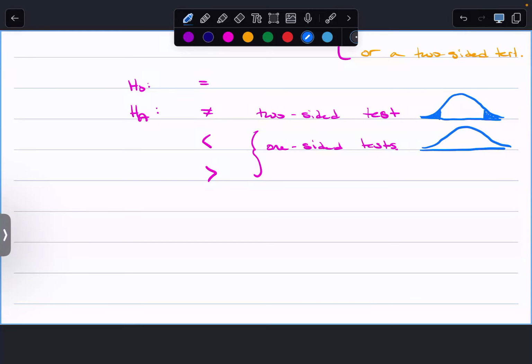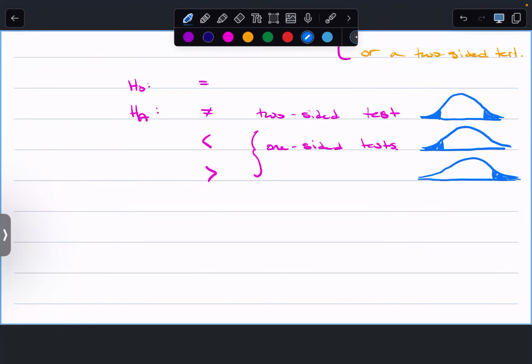If I want to know if it's significantly less than something hypothesized, then I'm only concerned about this one area, the lower tail. Whereas if I want to know if it's greater than some hypothesized value, my p-value is the area in the upper tail.